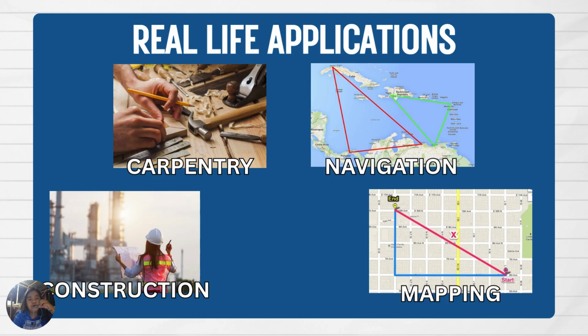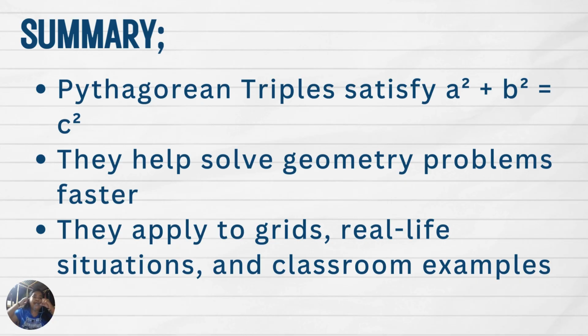So to sum it all up, today we learned that Pythagorean triples satisfy a squared plus b squared is equal to c squared, which is the Pythagorean theorem formula. They also help solve geometry problems faster, and they apply to grids, real life situations, and classroom examples.